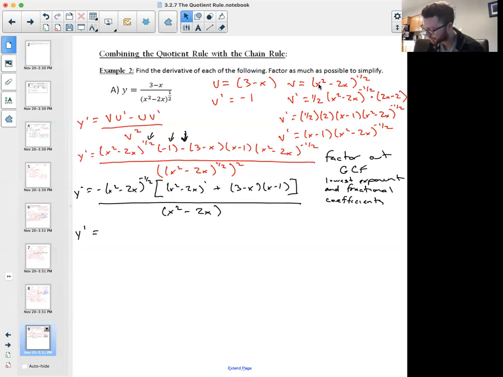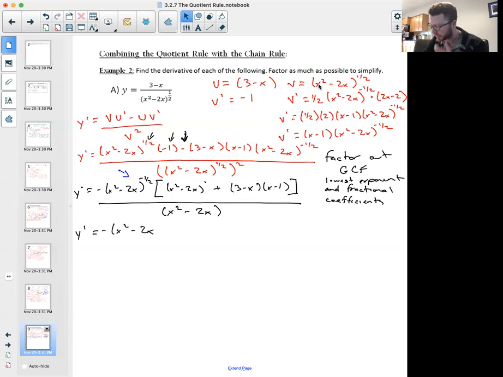This guy here, because it is a negative exponent, I'm going to put this in the denominator to make our lives a little bit easier. Okay, so this will look like x squared minus 2x.